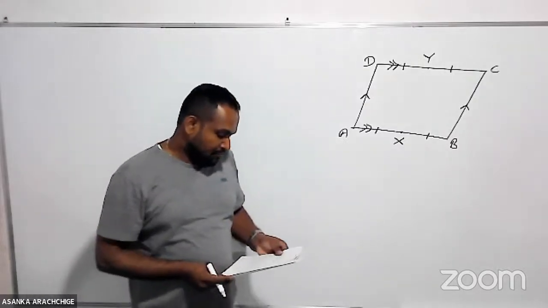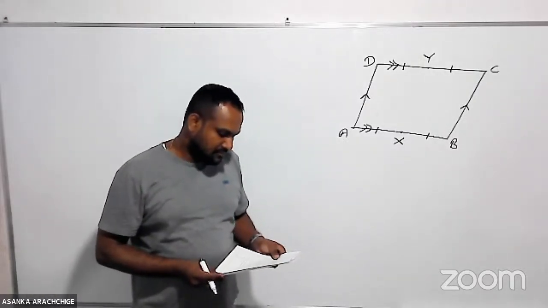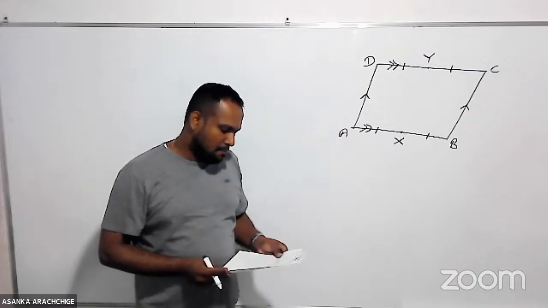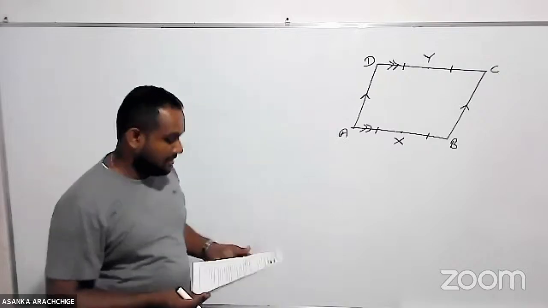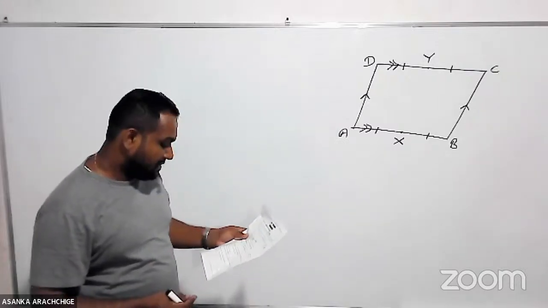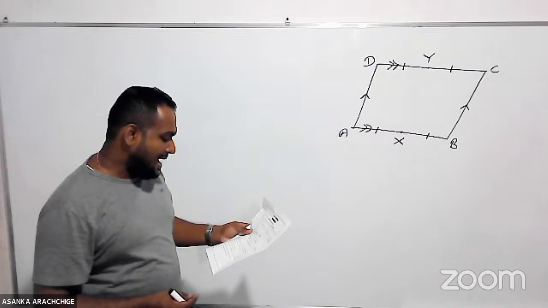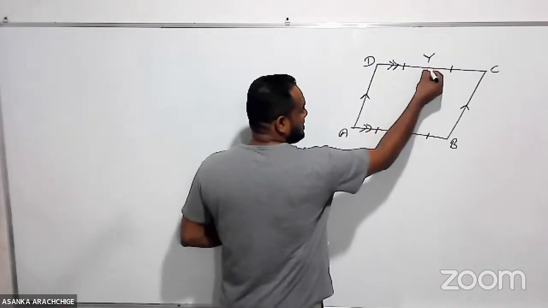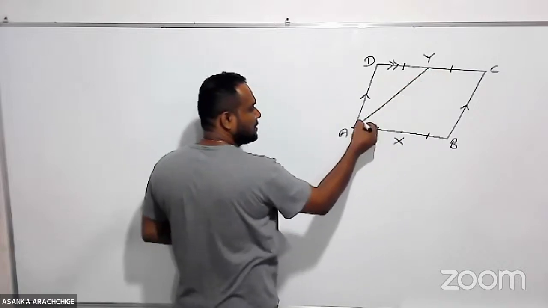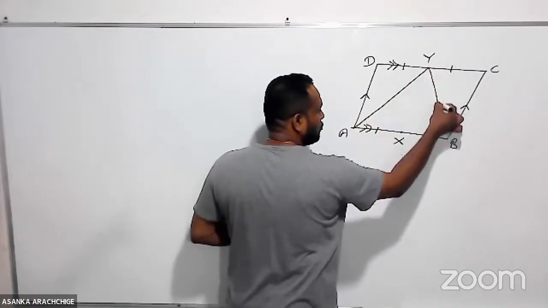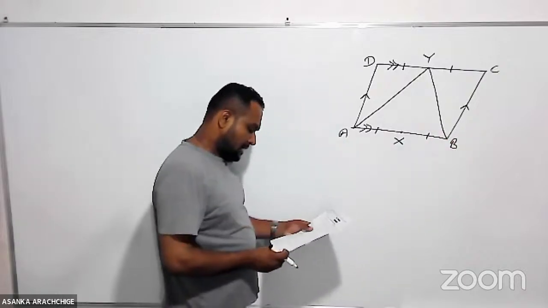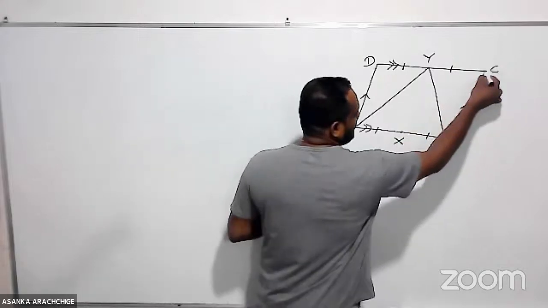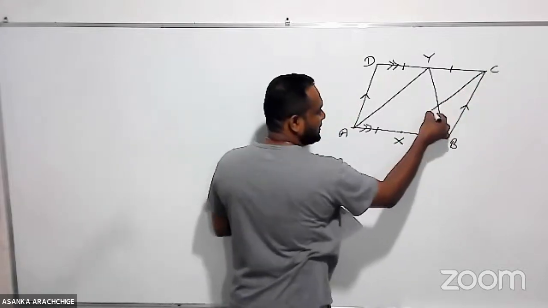Right. Copy the given diagram onto your answer sheet and mark all the given data. Here you can see Y has been joined to both A and B, while X has been joined to C.